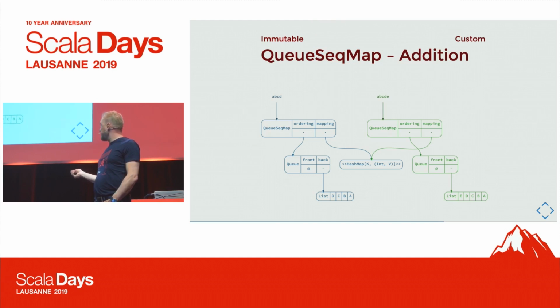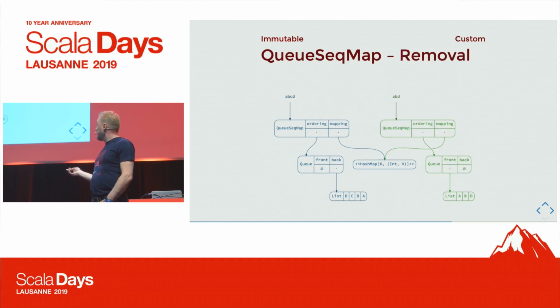The E is prepended, so it's a new queue here. But this list should have been reused here. I don't know why it didn't. Maybe it's wrong with how it draws it. But in principle, it should be able to reuse it. And removal is the same. So you just remove the C and you get a new list. And now you see it's been switched to the front here while it was in the back there.